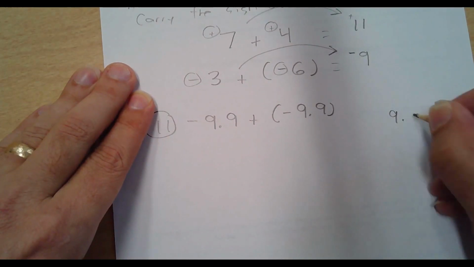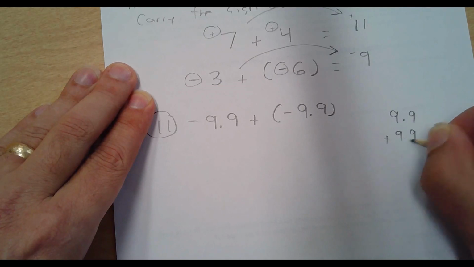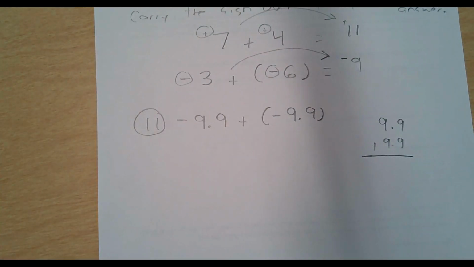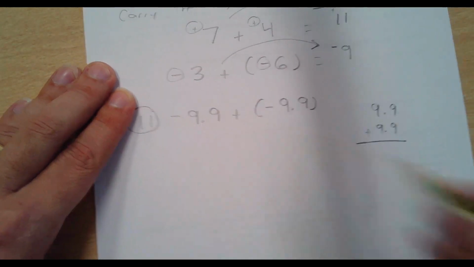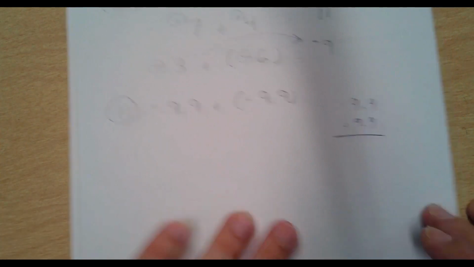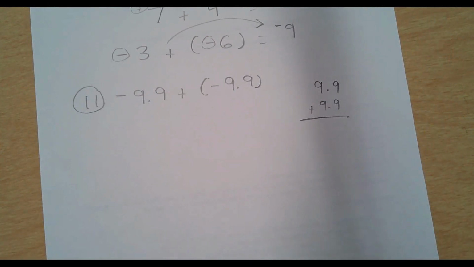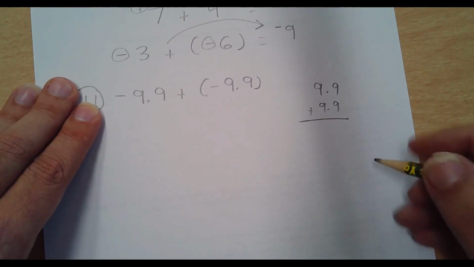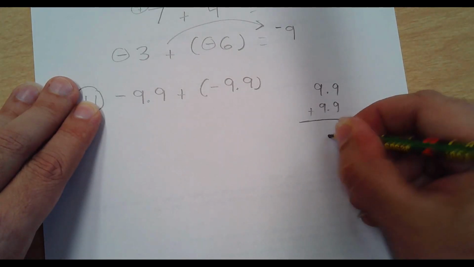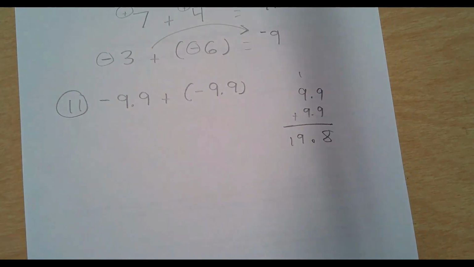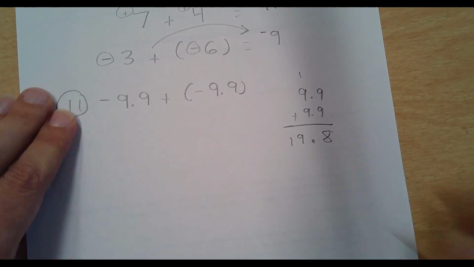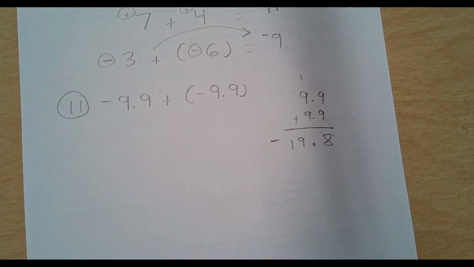So I would just set up a little addition bar, maybe rewrite it in vertical form. Vertical form is like this. This is horizontal form. Rewriting them in vertical form will be very helpful. Add just like normal. Carry the one. Looks like I got 19.8. Positive or negative? Negative, because we always carry the sign over.